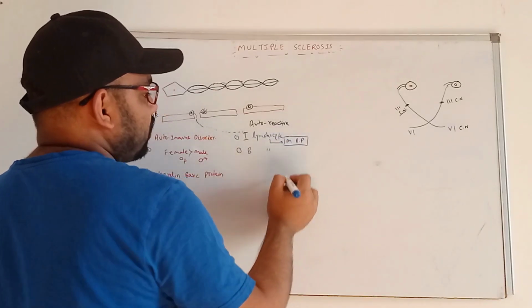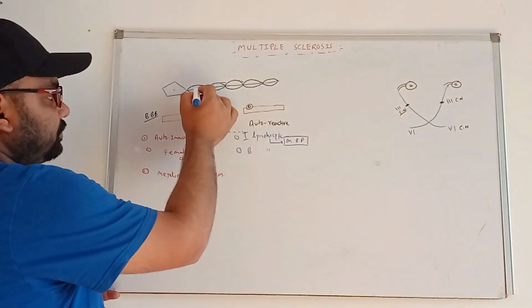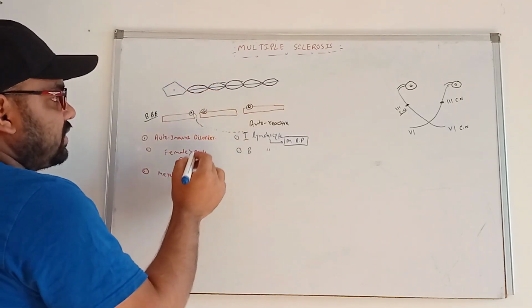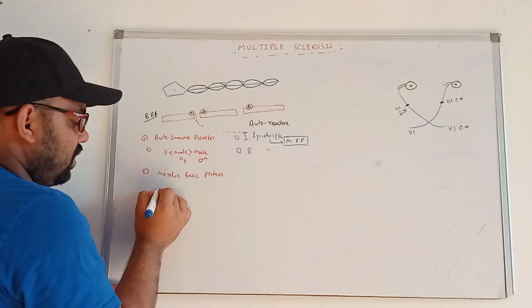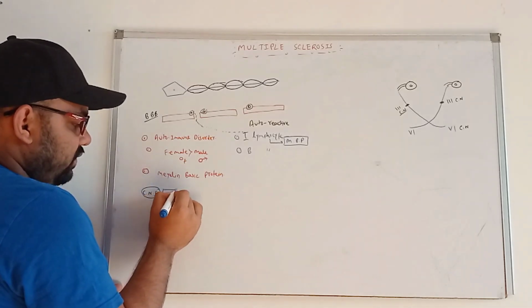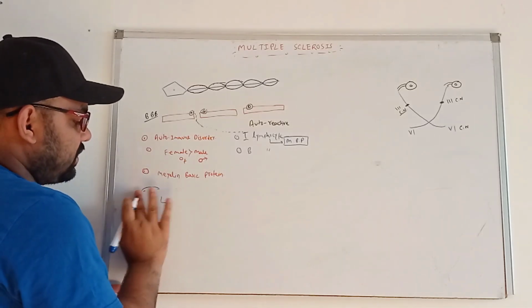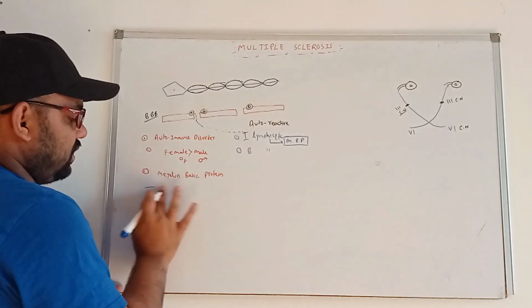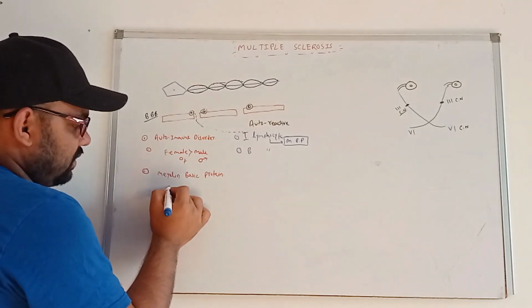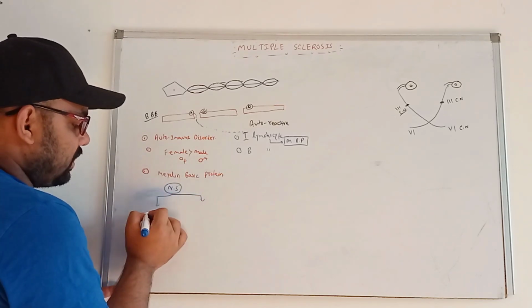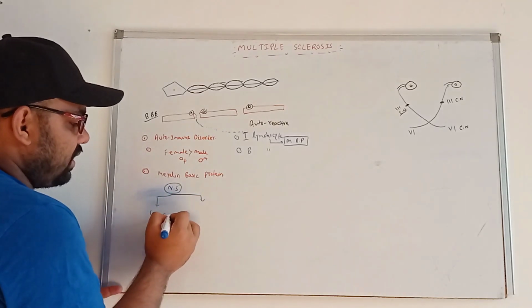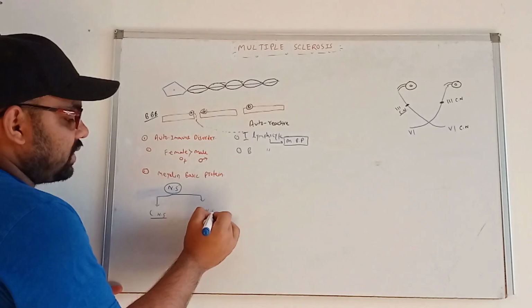Now normally, what do we know? Normally, within the central nervous system, we look at the speed of conduction along the axons. So if we divide the nervous system, let me write clearly, the nervous system has two parts: one is the central nervous system, another is the peripheral nervous system.